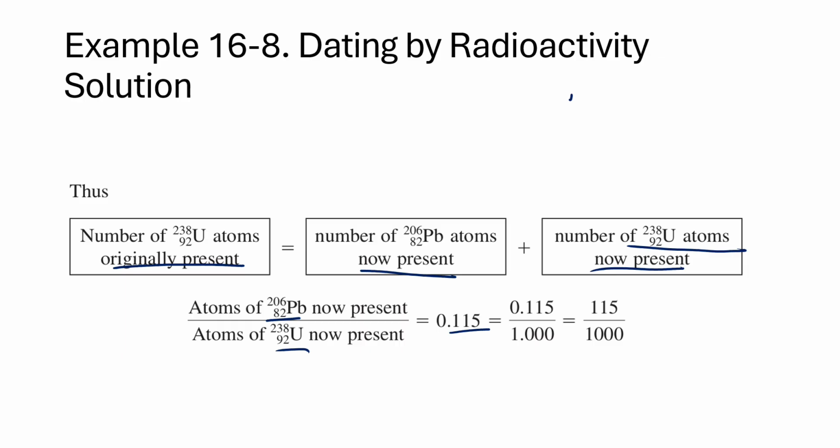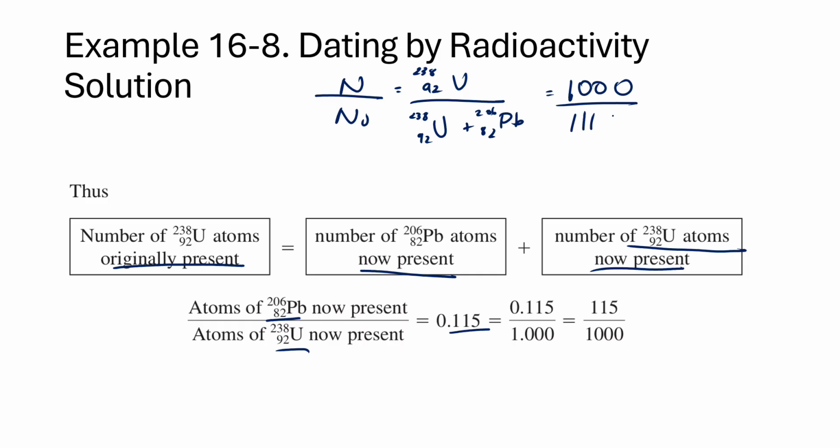Now what do we do with this info? We have the ratio of n over n naught equal to uranium-238 over uranium-238 plus lead. It's equal to 1000 divided by 1115. Why 1115? Because it's 1000 plus 115.